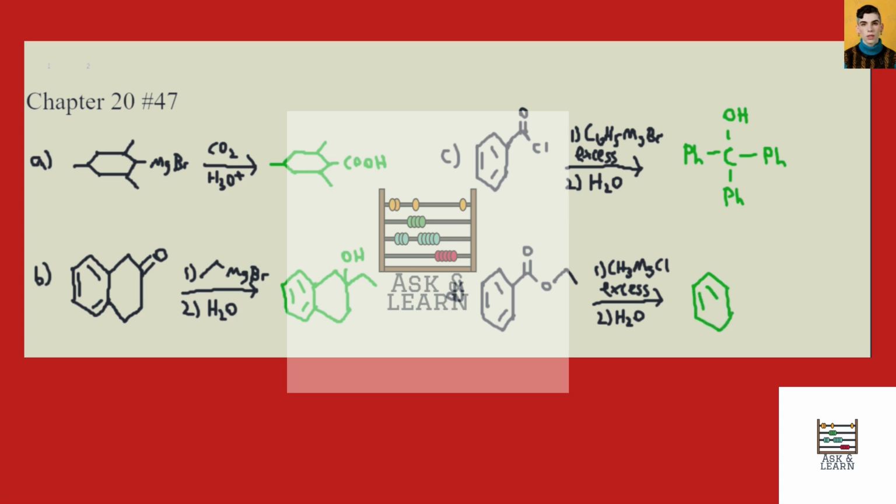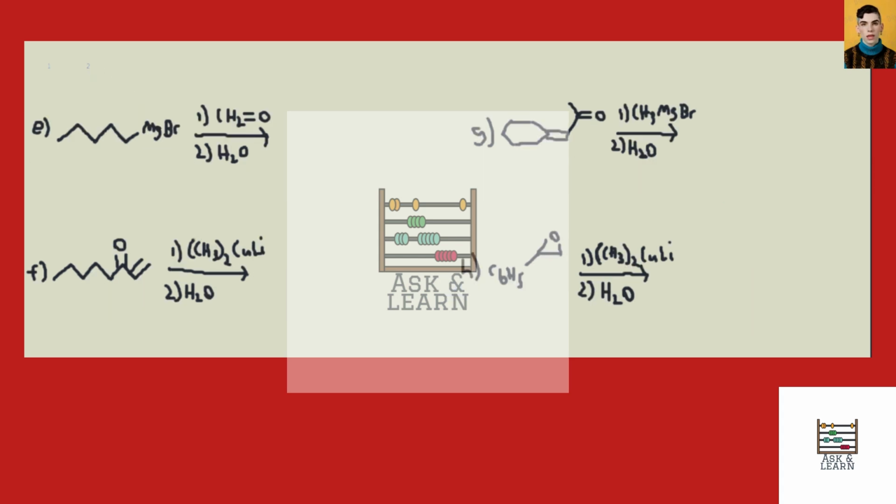So there is that. And then here is our carbon that was the ester carbon. And so it's going to have an alcohol on it now. And we will have the 2 methyl groups that added. So one methyl group and a second methyl group. Okay, so moving on to the next page.